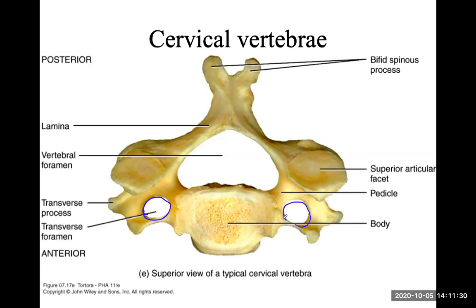So hence the name, transverse foramen. Something to also note, cervical vertebra usually have what we call the bifid spinous process. Instead of a single extension of the bone, they actually have 2 of those.